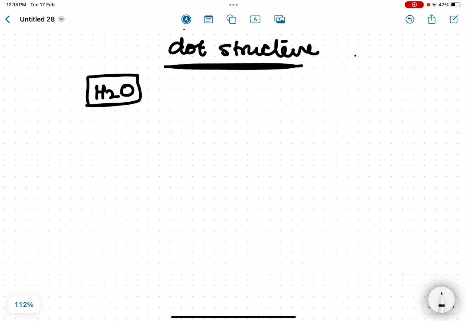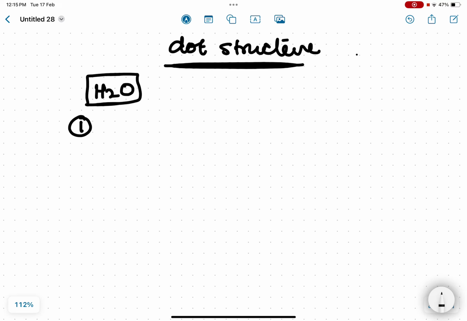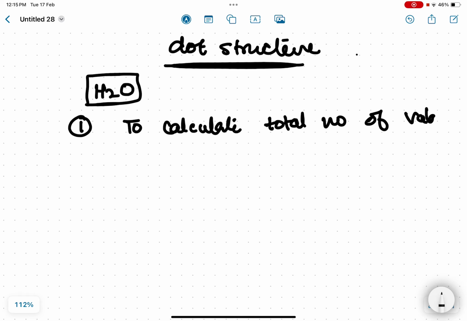So the first step would be, which I have explained in the previous video also, to calculate the total number of valence electrons of all combining atoms.